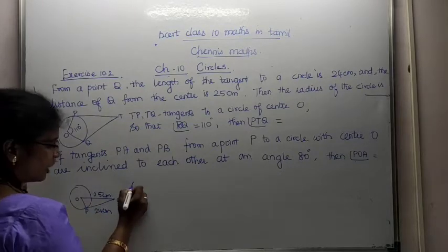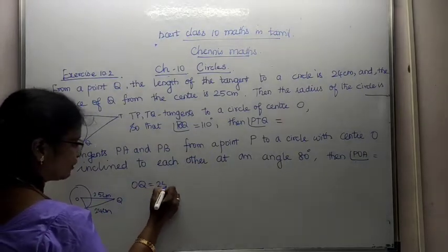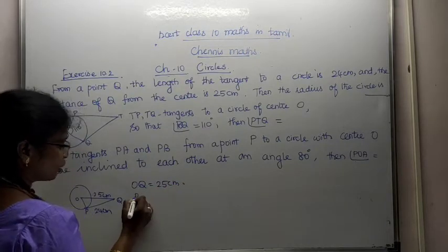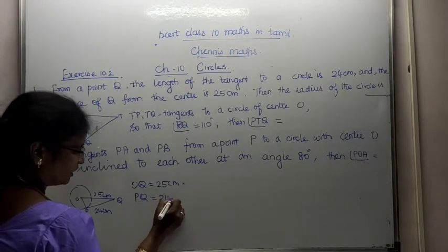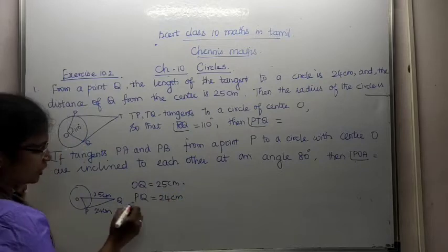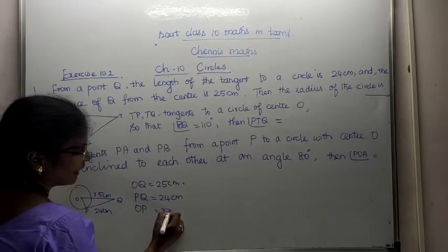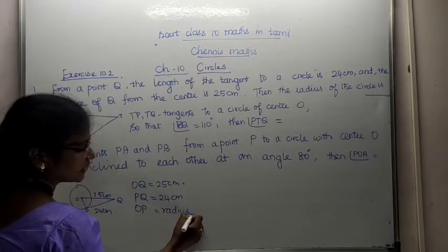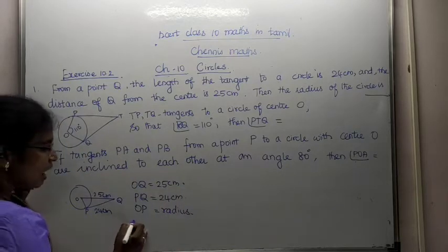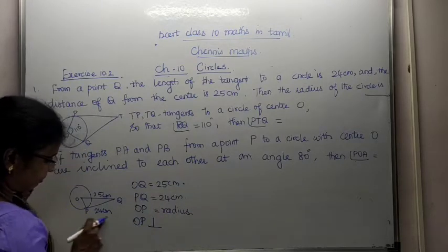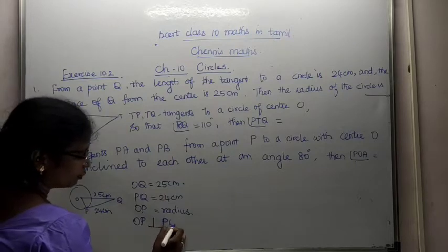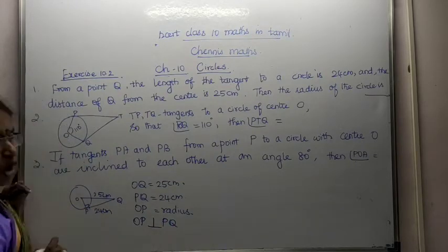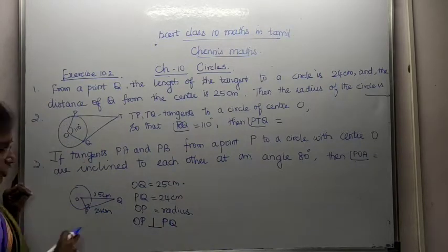Now what can we write? OQ we know is 25 centimeters. PQ is given as 24 centimeters, and we also know that OP is the radius of the circle. Since it is the radius, OP is perpendicular to PQ, which is the tangent at the point of contact P. Understood?